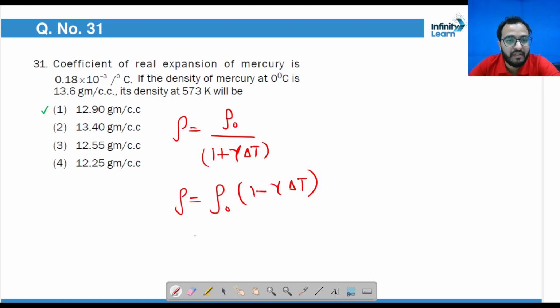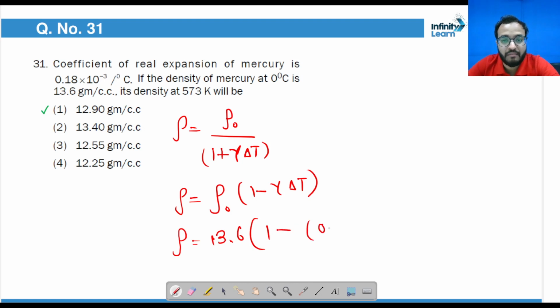Now everything is given. So density initially is 13.6, I'm so sorry, that is the density, right? It is 13.6.